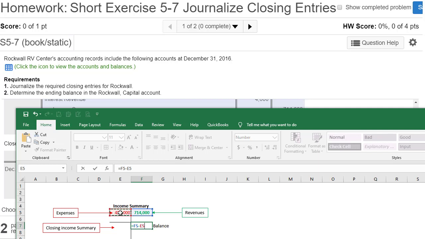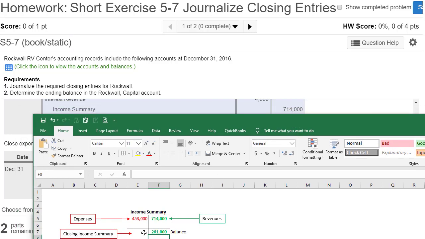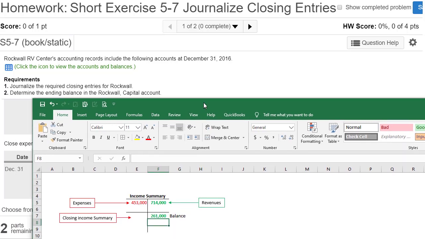So 714,000 minus 453,000 gives us 261,000. So this is the balance of income summary. And now we need to close it. And we close it by putting the same amount on the other side. So this closing entry for income summary is going to be 261,000 on the left side of income summary.